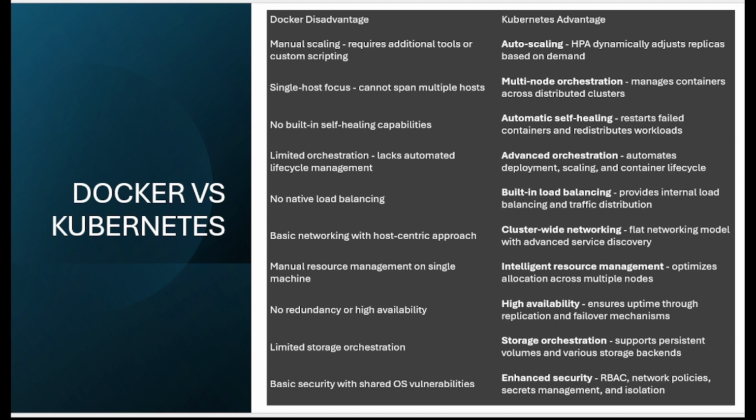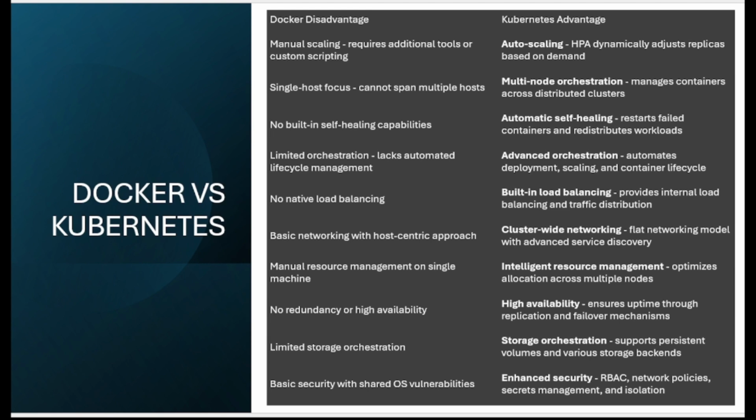And here cluster-wide networking is applied. So the situation is that mostly a flat networking model with advanced service discovery is available in Kubernetes. Guys, what is the use of this? See, suppose you have a full stack project. Docker can contain maximum 2 to 3 containers in a single network.